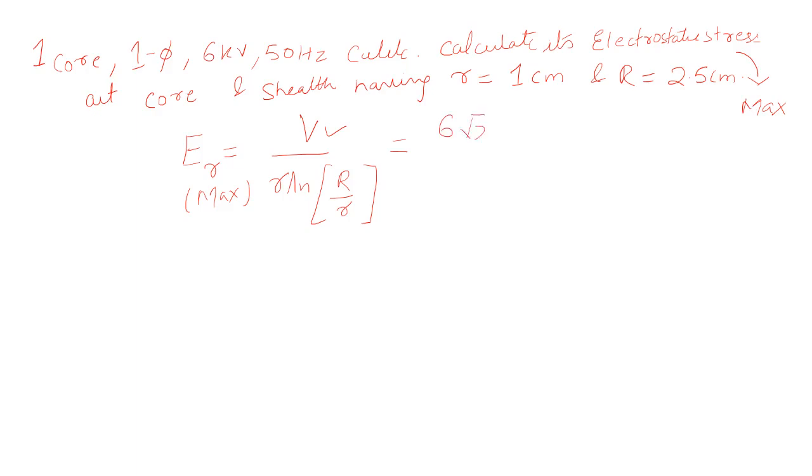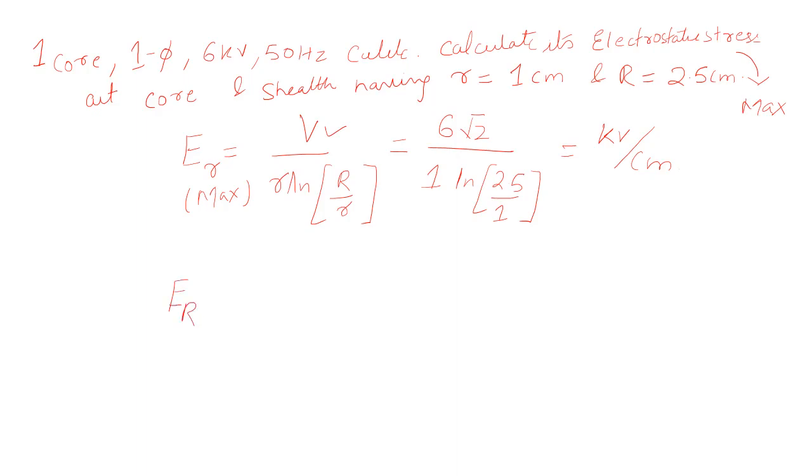So maximum of 6 kV will be 6 root 2, divided by your 1 centimeter, ln of 2.5 upon 1, and the unit will be kilovolt per centimeter. Remember this.